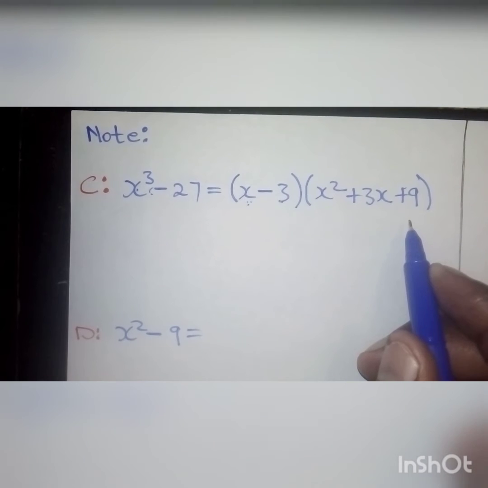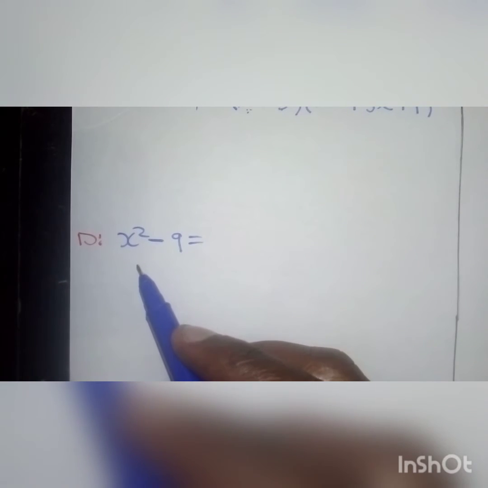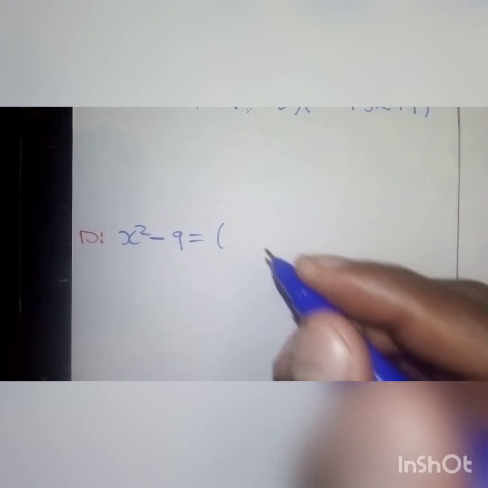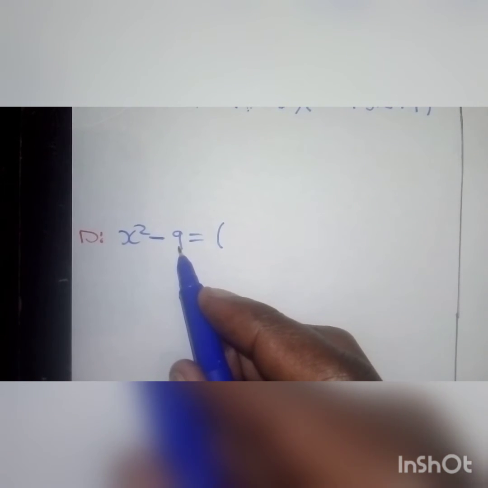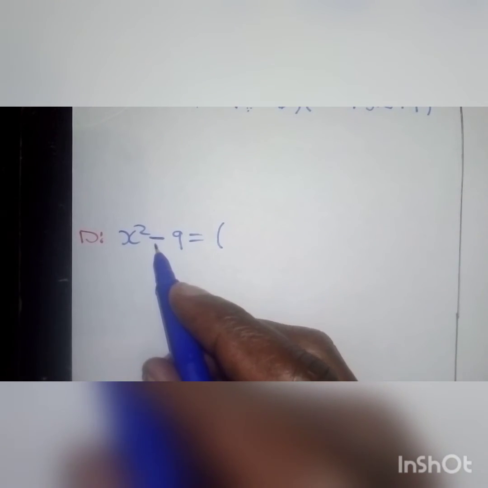Wow. So let us look at the denominator D, the difference of 2 squares. We need factors of 9 that multiply to give negative 9, and when we add them they give 0, because the coefficient of x here is 0 as it's not there.